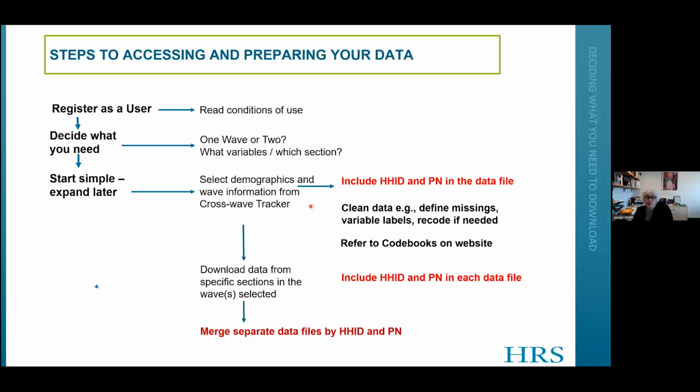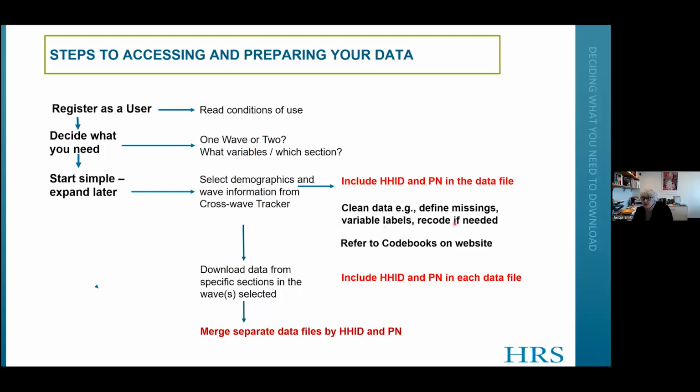So start with the so-called cross-wave tracker. I'm going to show you that now. This just tracks households and people since 1992. You have to do a bit of housekeeping. We put out the data, but the labels for each number are not defined.